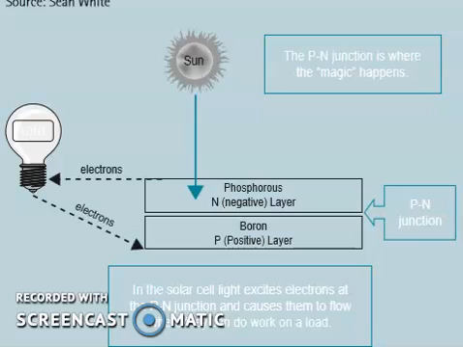The typical solar cell is a square, about 6 inch by 6 inch, with a thickness of the order of 150 to 200 micron.